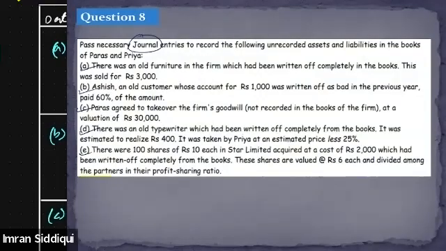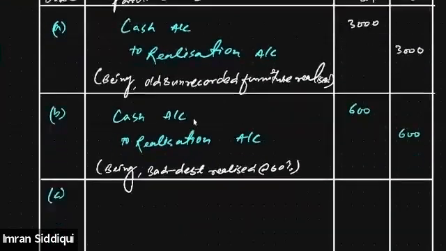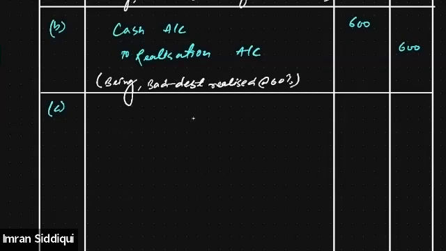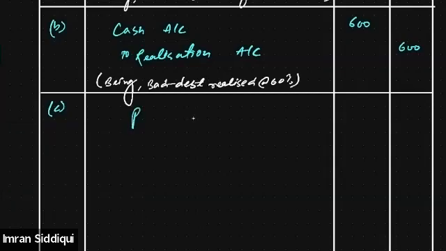Okay, moving on to next point. The next adjustment says Paras agreed to take over firm's goodwill, which was not recorded in the book, at a valuation of rupees 30,000. Anyone please tell me the journal entry for this one?